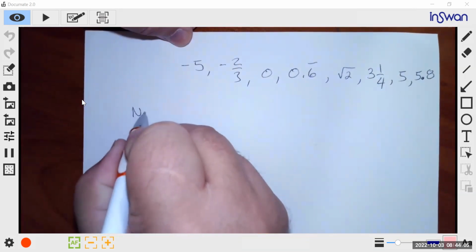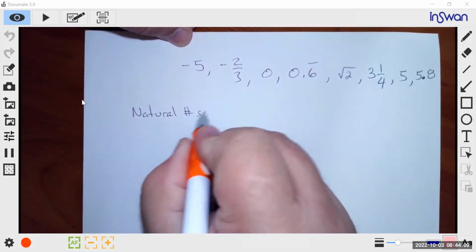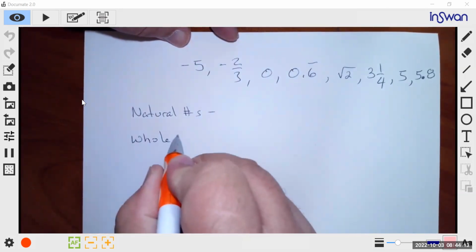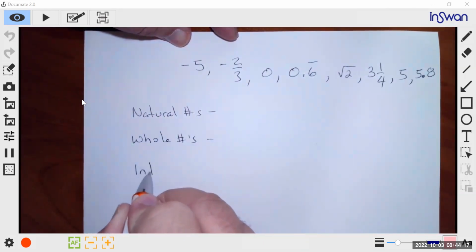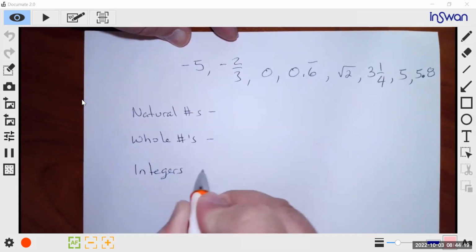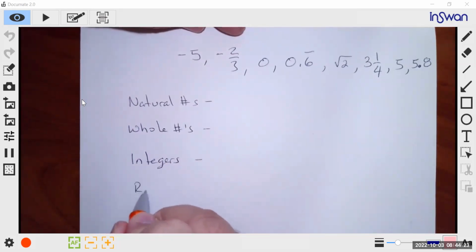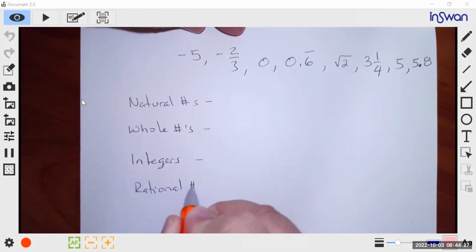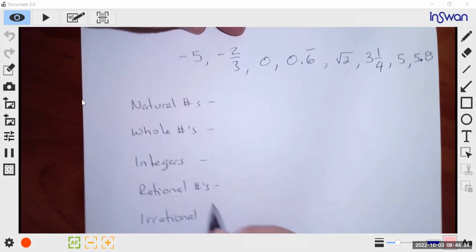Tell me which ones are natural numbers, whole numbers, integers, rational numbers, and irrational numbers.